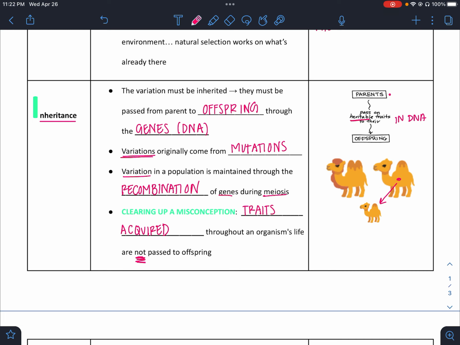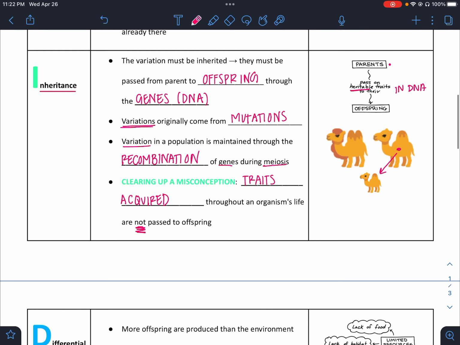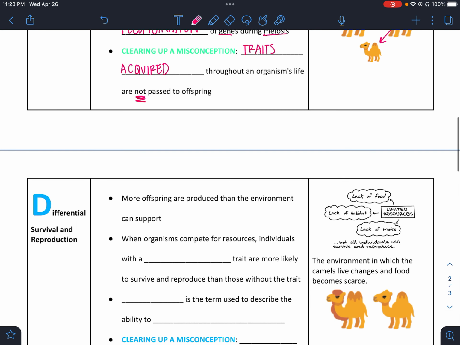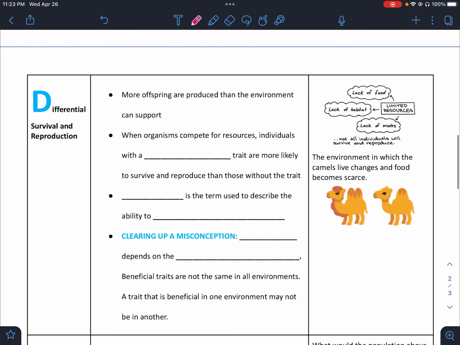If I work out super hard and get super muscular, my children are not going to be super muscular. It's not my DNA that would be passed on if we're talking about something that we've acquired throughout our lifetime. Now, those variations that are inherited are going to lead to what we call differential survival and reproduction.